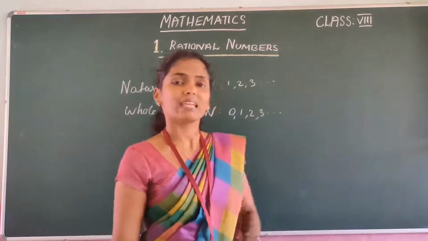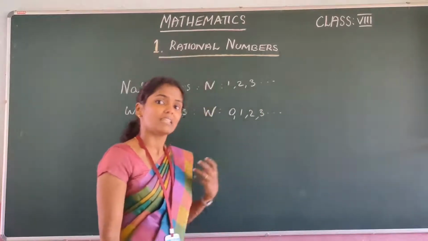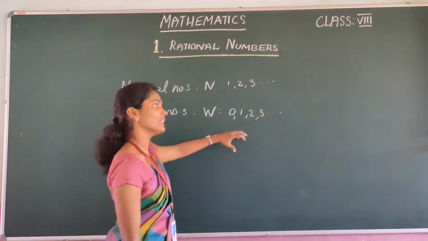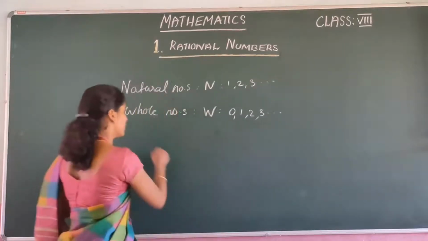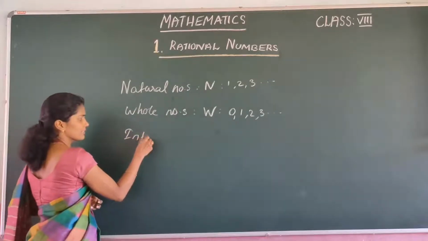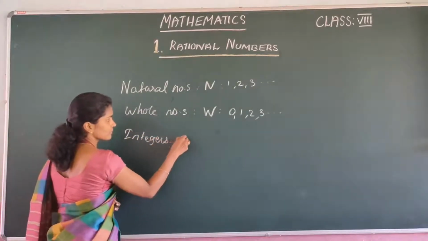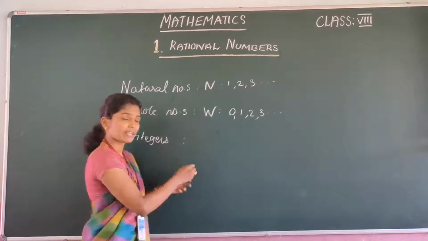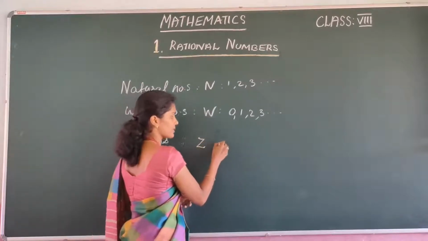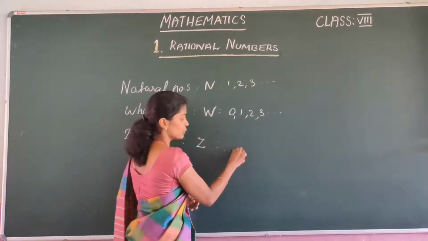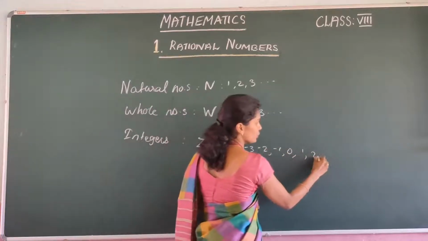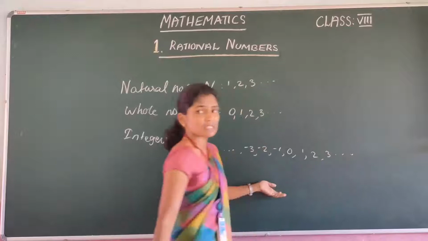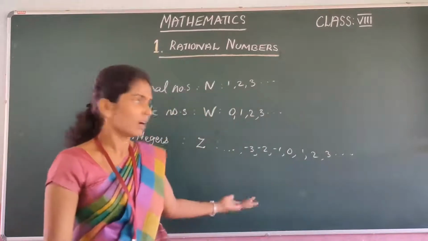Then what is the next number? That is integers. We add negative integers to the whole numbers, and we get integers. We represent that as Z. That means minus infinity to minus 3, minus 2, minus 1, 0, 1, 2, 3, etc. This is integers.